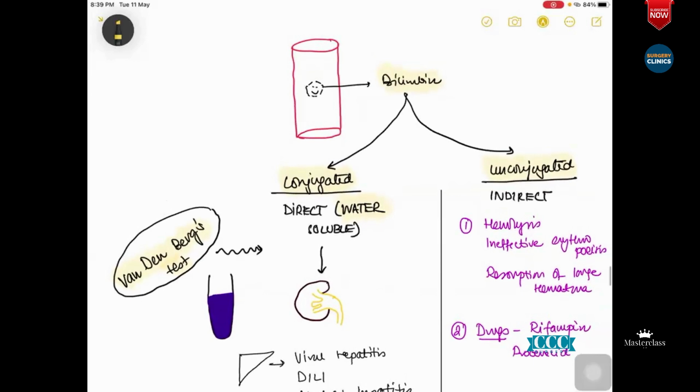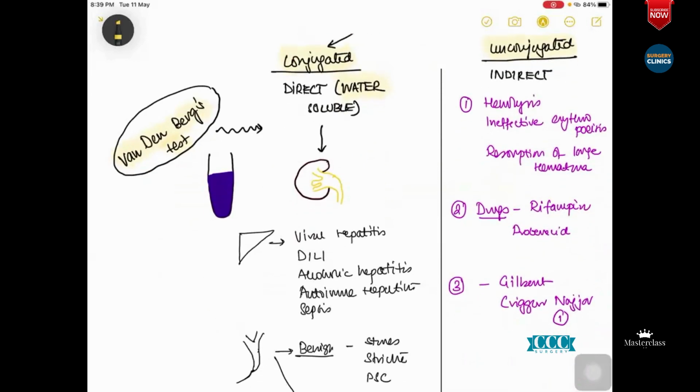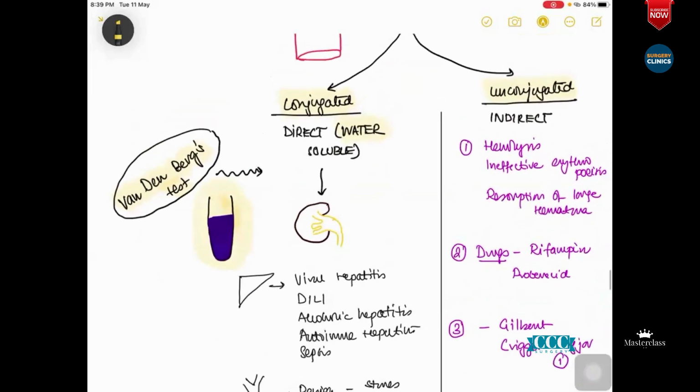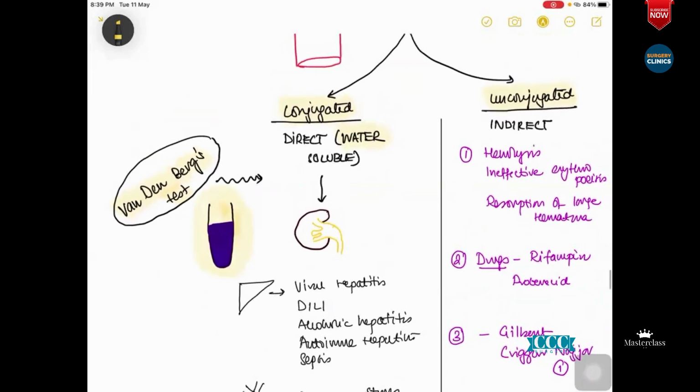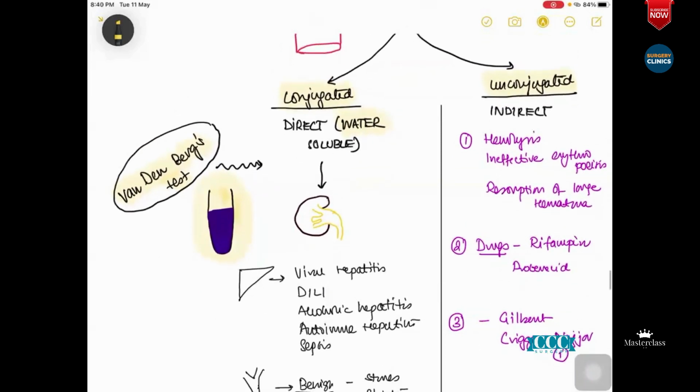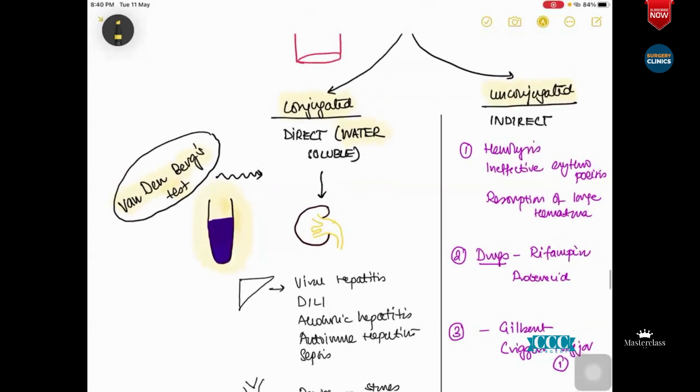If you get a purple colored test tube, it means your conjugated bilirubin, your direct bilirubin, is present due to azobilirubin, so it is measured directly. It is excreted in the kidney. So that is conjugated bilirubin, right?